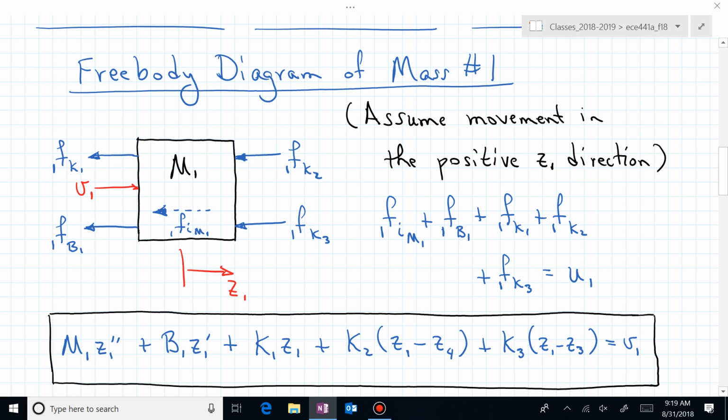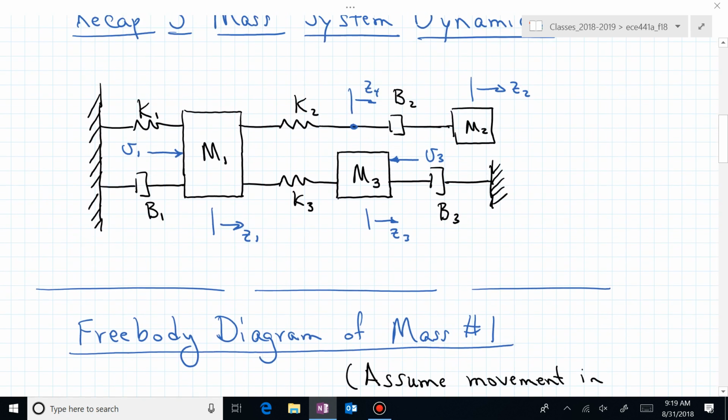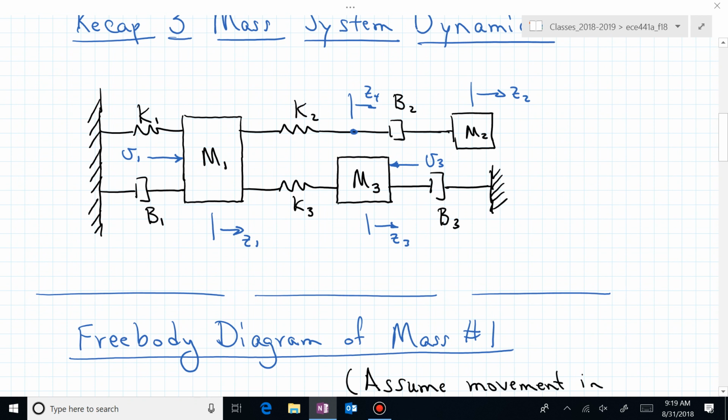Now what about spring k sub 1? If I move mass 1 in the positive to the right, in the positive z sub 1 direction, what's K1 going to do in response? Now just pull out a virtual spring or a physical spring and say, oh, if I tried to pull the right-hand side of that spring to the right, what's happening in my right hand if I have that spring?